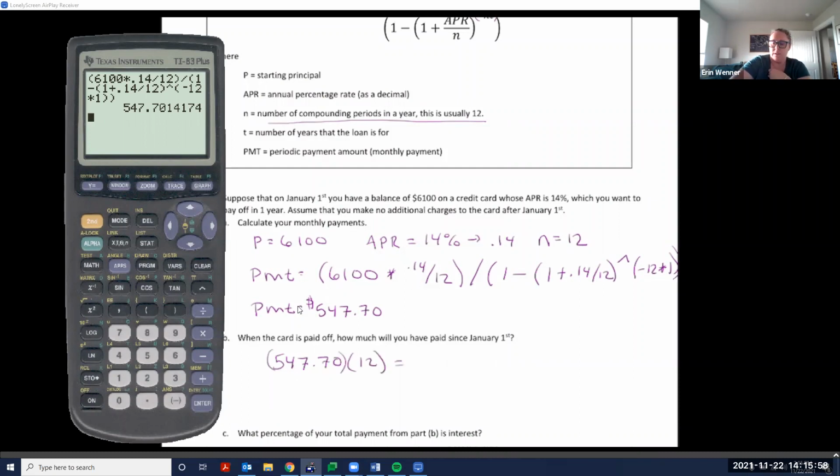So 547.70 times 12 gives us $6,572.40. Again, we are overpaying our loan, i.e. our credit card balance, because the bank is going to be like, you're giving me my interest.